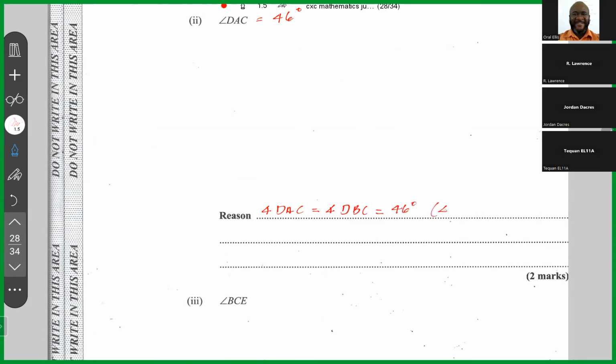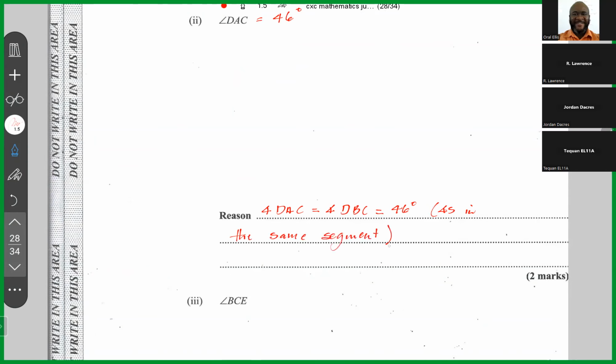They are angles in the same segment. Angles in the same segment are equal. Next, we're asked to find angle BCE. Let's identify that angle. Angle BCE, that's this angle here.